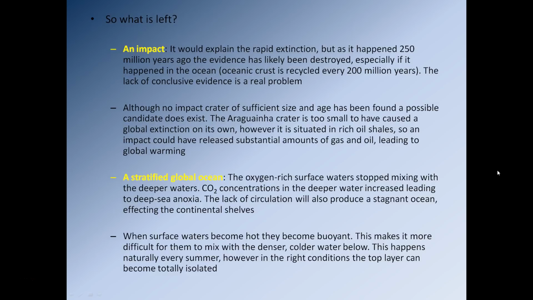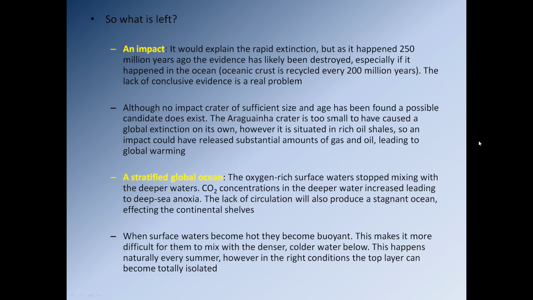One of the other problems is that if these oxygen-rich surface waters are not mixing with colder water from below, that means the layer at the top is getting warmer and warmer and warmer. That means essentially it's becoming more and more buoyant. It wants to rise. That makes it even more difficult for this top layer of water to mix with any kind of denser, colder water below.